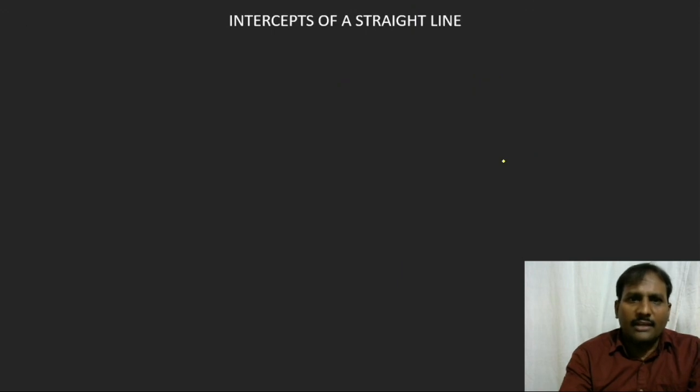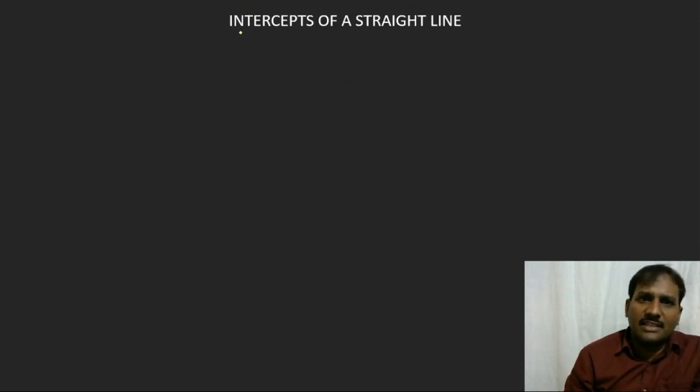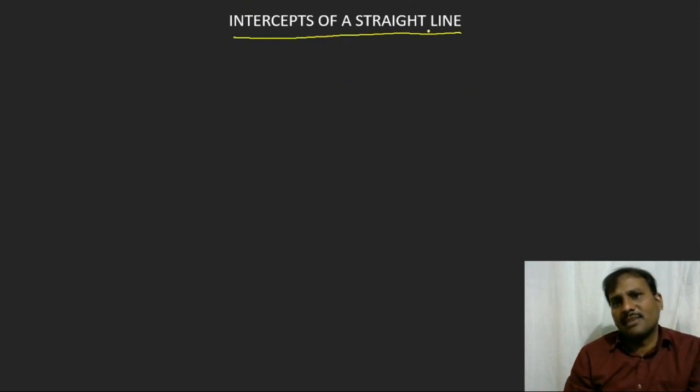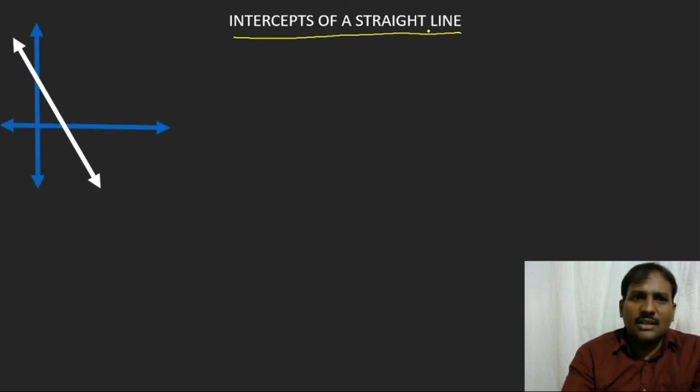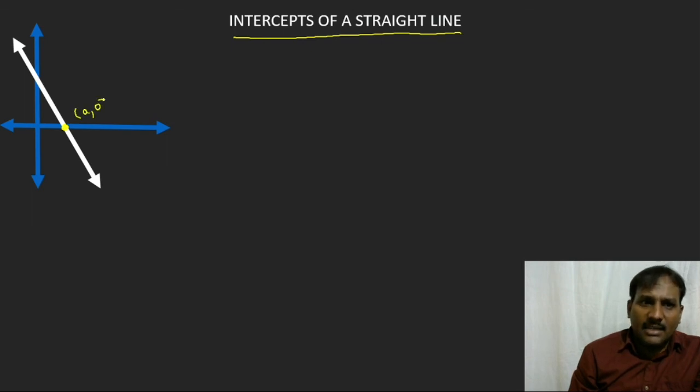Now we learn what are the intercepts of a straight line. Suppose a line is intersecting x-axis at a comma 0, let us say this is a comma 0, and y-axis at 0 comma b.